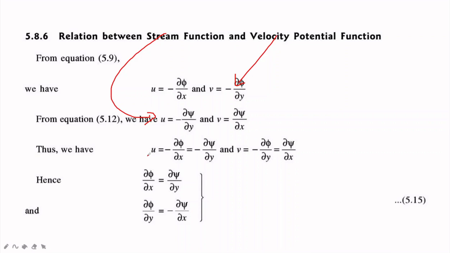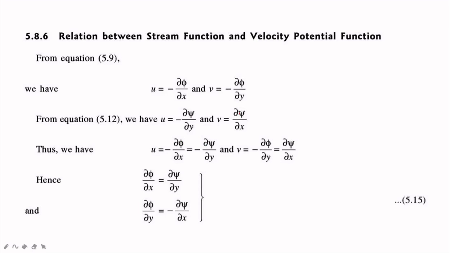Thus u is equal to minus dou phi by dou x, which is also equal to minus dou psi by dou y, and v is equal to dou phi by dou y, that is negative, and is also equal to dou psi by dou x. So this is also equal to u and this is also equal to u, then this is equal to this.